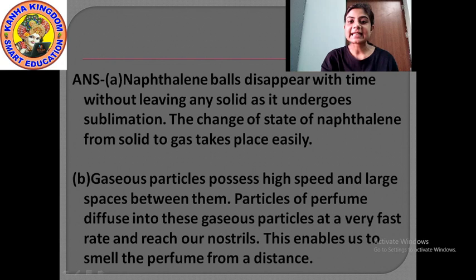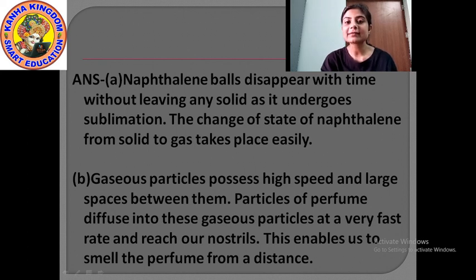Answer to question number 19A. Why does the naphthalene ball disappear? Naphthalene ball disappears with time without leaving any solid as it undergoes sublimation. The change of state of naphthalene from solid to gas takes place easily. These naphthalene balls are in solid form.